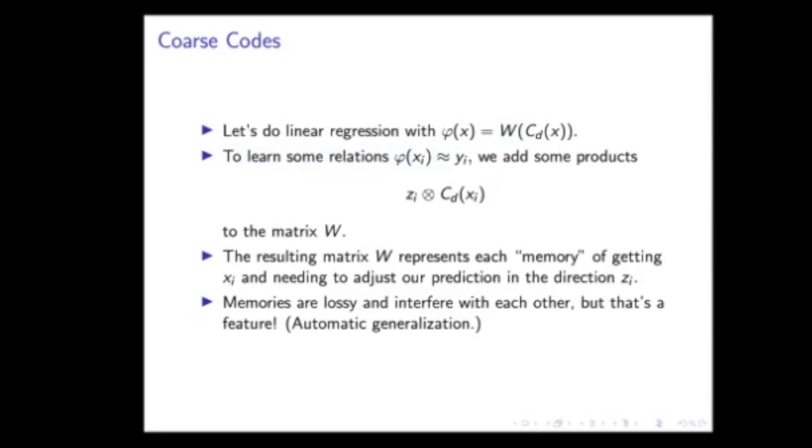Basically, if I do gradient descent or a related method, I'm adding products zi tensor coarse code of xi to the matrix W. These are like gradient descent directions for W. I can see the matrix W that I get from the training process as a representation of the memory that when I got xi, I needed to move in the direction zi.